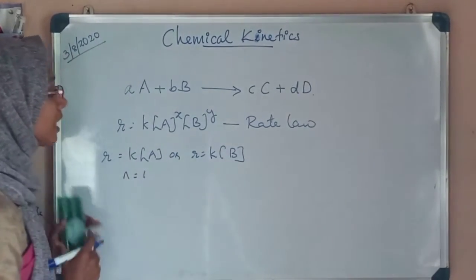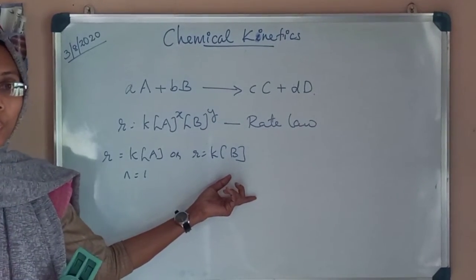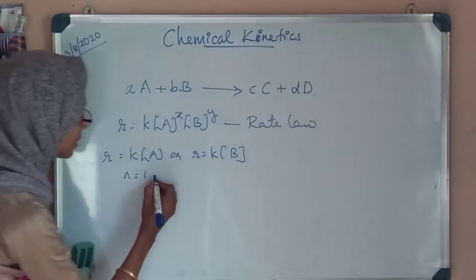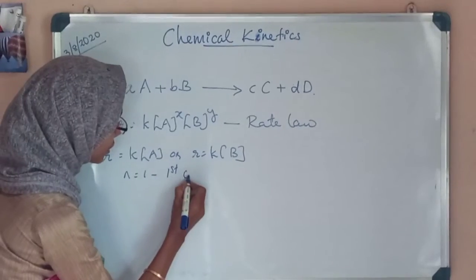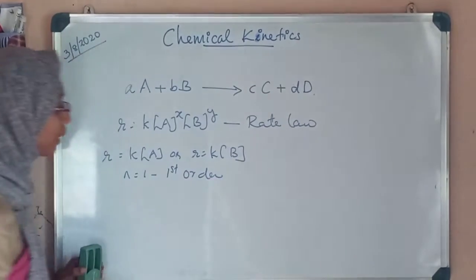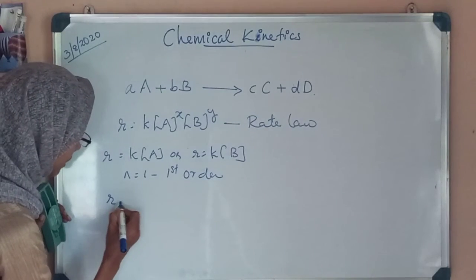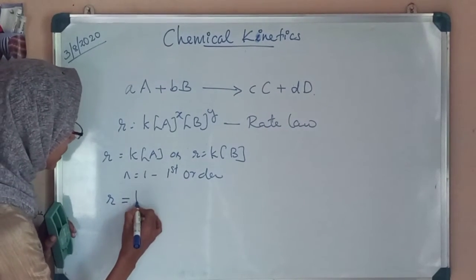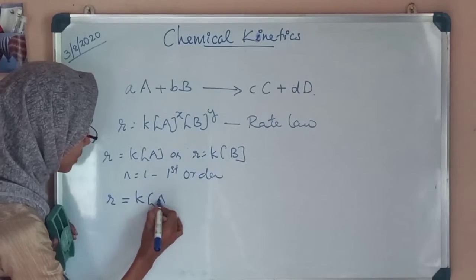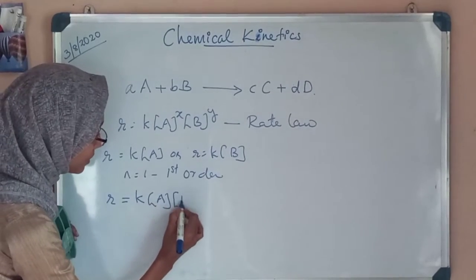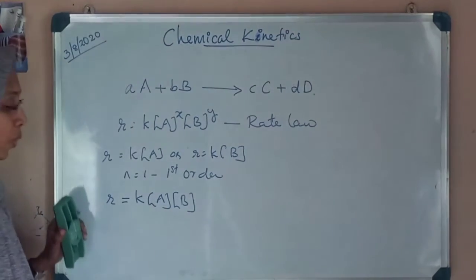In both cases, the order of the reaction is equal to 1. This is known as a first order reaction. If n is equal to 1, it is known as a first order reaction. Then in another case, R is equal to K into concentration of A raised to 1 and the concentration of B raised to 1.